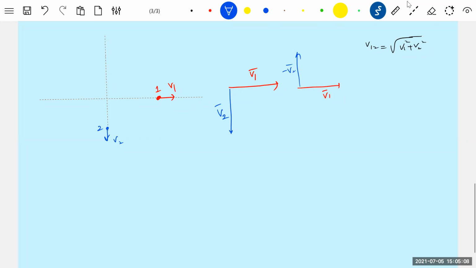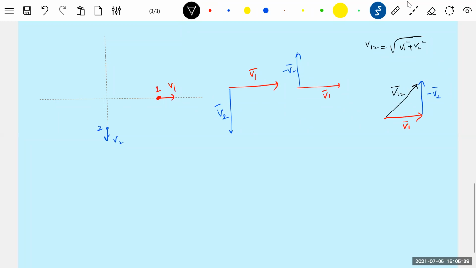Then V1 bar minus V2 bar is needed, so we will shift this. So V1 bar minus V2 bar. The resultant vector will be somewhere here. Just some correction: V2 bar minus V1 bar, no? So V1 bar minus V2 bar, V12 bar means, okay, this one.